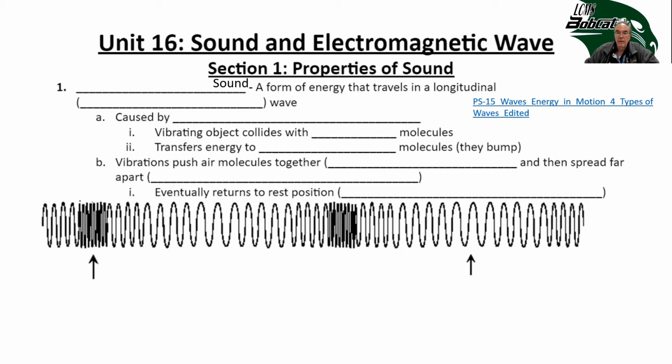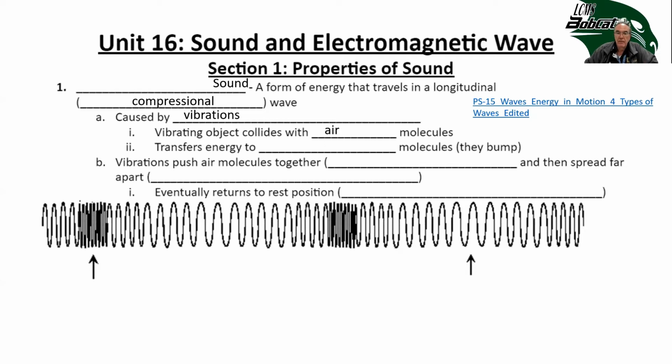A sound wave is a form of energy that travels in longitudinal or compressional waves. Like all waves that we said in the last unit, it starts with a vibration. Like your vocal cords vibrate, the strings on a guitar vibrate, a resonator in an instrument vibrates.